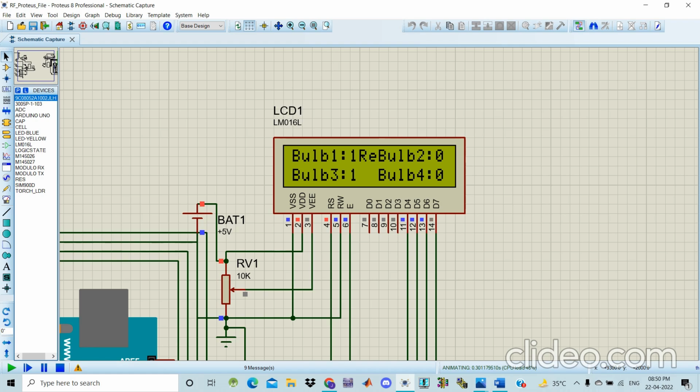So as we can see that the simulation is showing that the lamp 2 and lamp 4 is in off state and the lamp 1 and lamp 3 are in on state. So we can clearly see that the lamp 2 and lamp 4 is been shown as faulty and needs some repairing work.